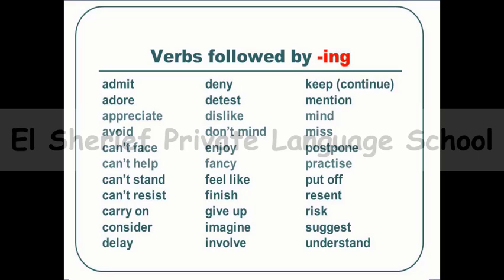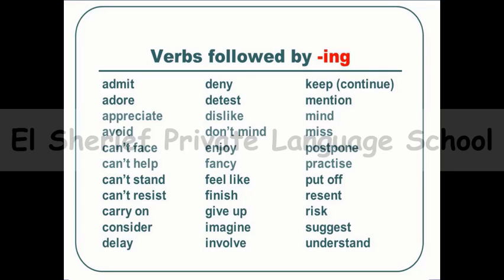I can say that I didn't remember to call my friend. So here, that means that the action didn't happen. I didn't remember to call my friend, so that means that I didn't call him. So remember here is followed by to plus infinitive. The action of calling the friend didn't happen.